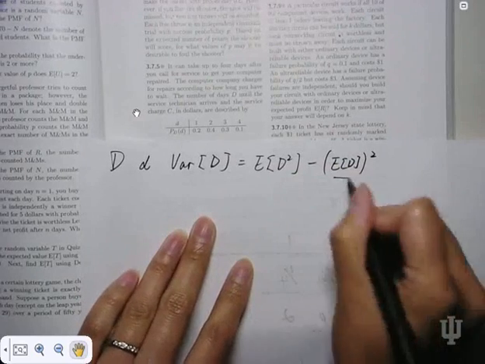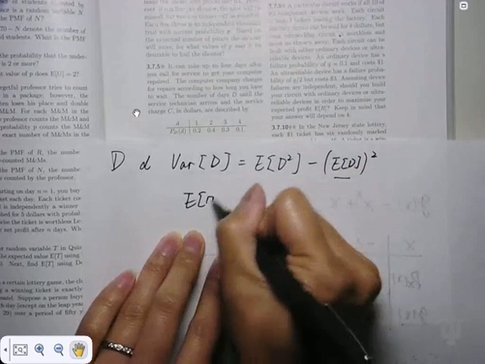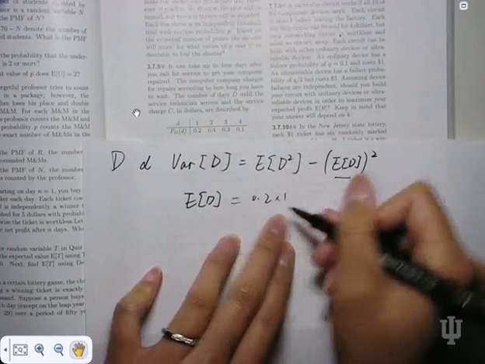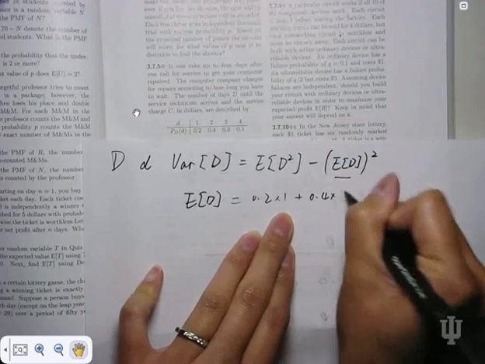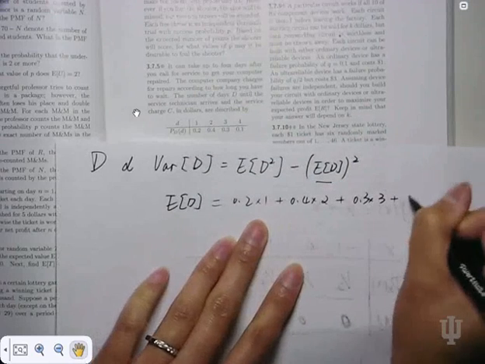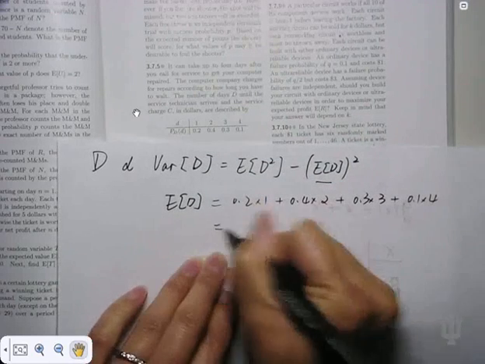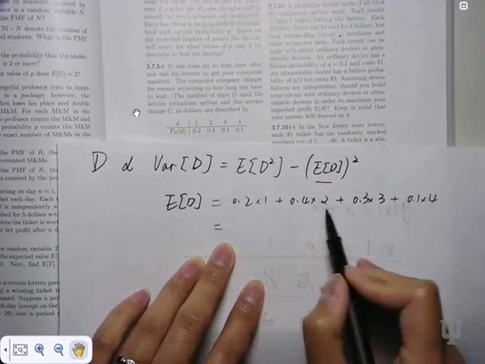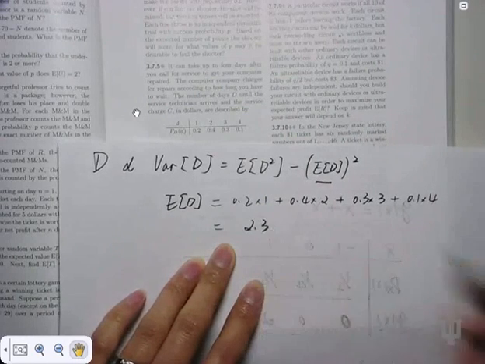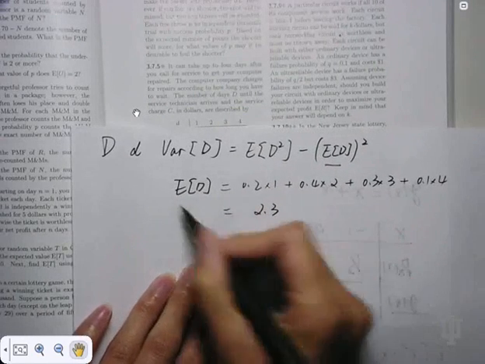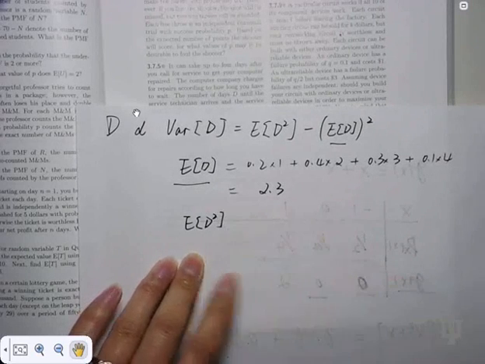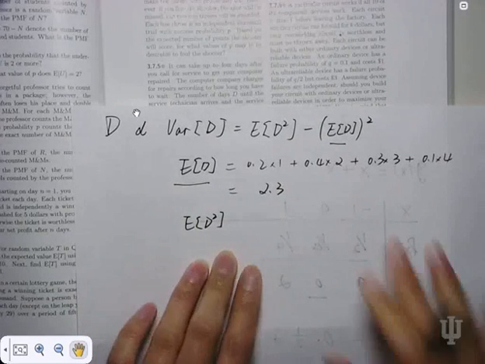So first, let's look at the expectation of D. Each probability times the value. Then the expectation of D squared.